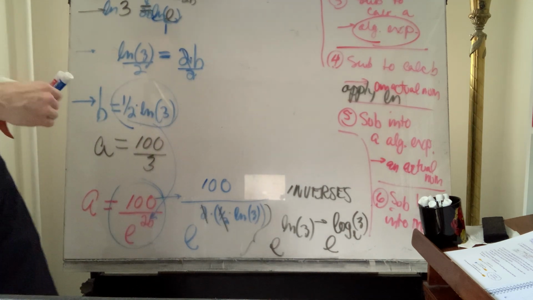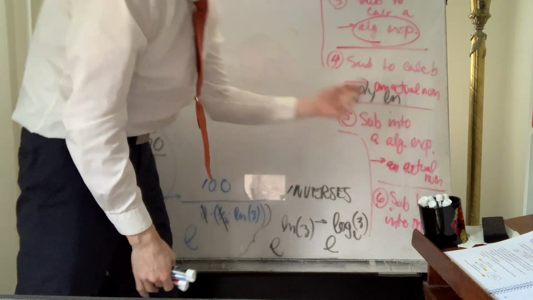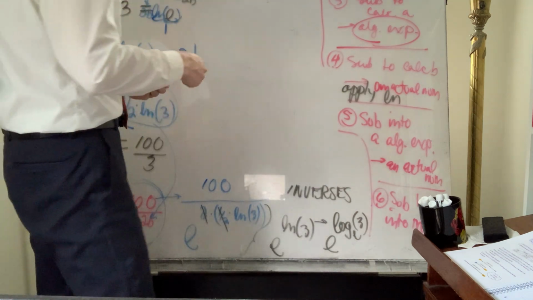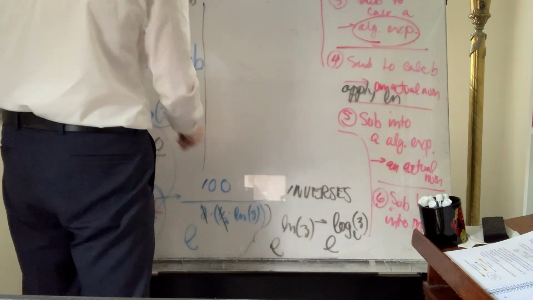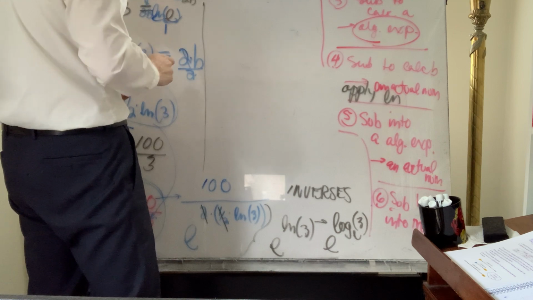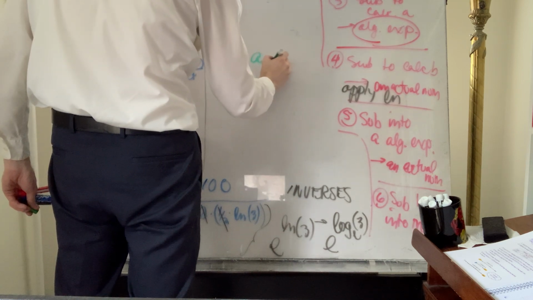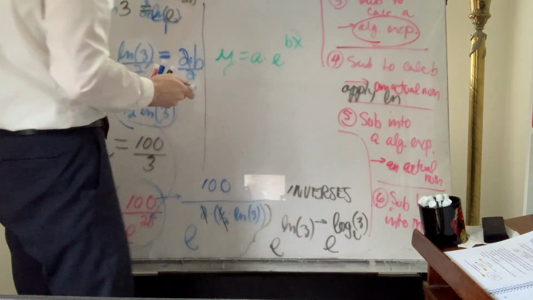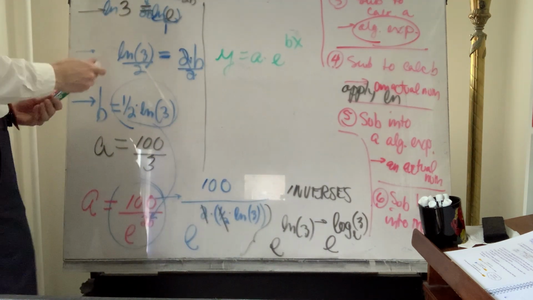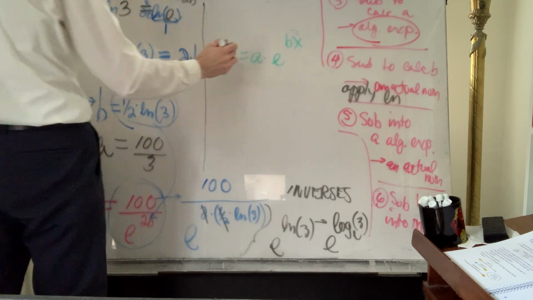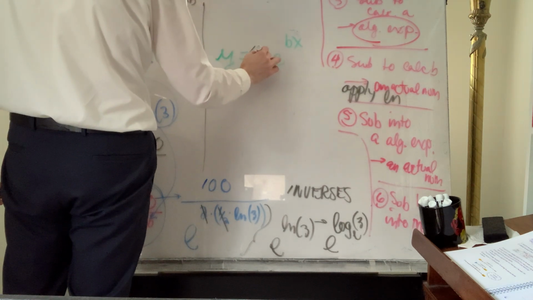All right, what we're going to do is now sub both of these back into the model that I erased. So here is the model. Y is equal to A times e to the BX. All right. We have the A value as 100 over 3.